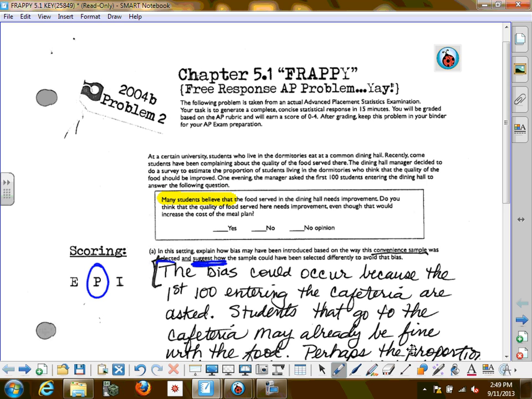The other way you could have described it as bad is that even though that would increase the cost of the meal, that confounds and clouds the issue. Did you say the food was okay because you didn't want to increase the cost of the food? Or did you say the food was okay because it really is okay? See? You can't tell. Well, I feel like the students should know that it's not possible.